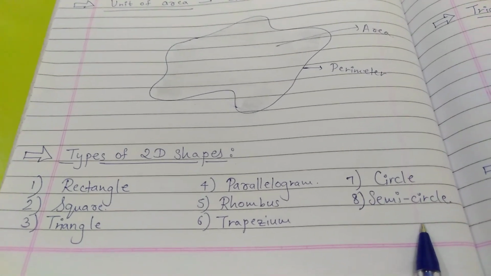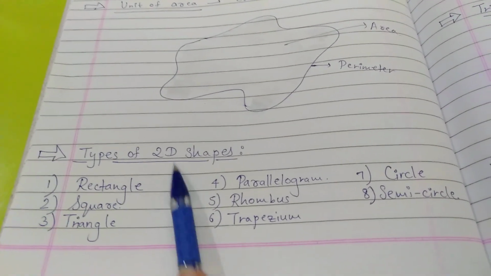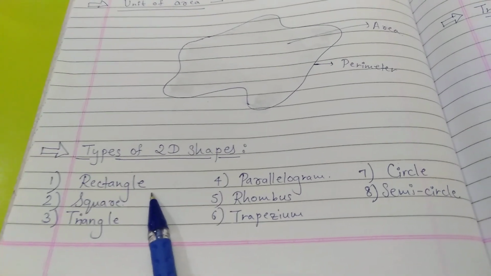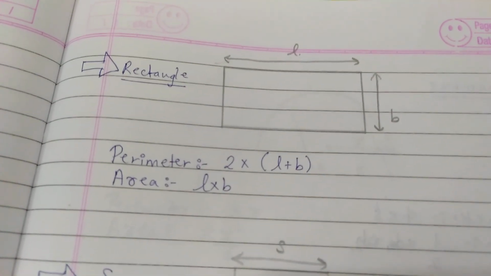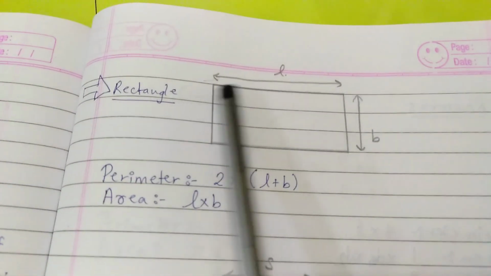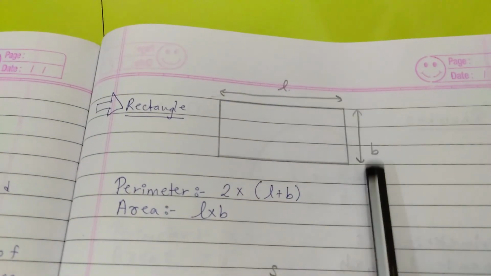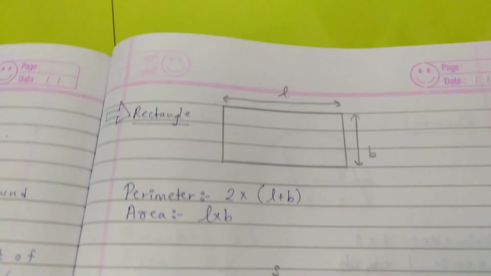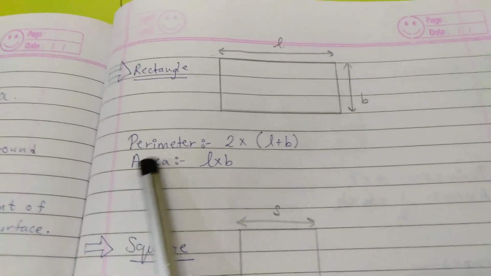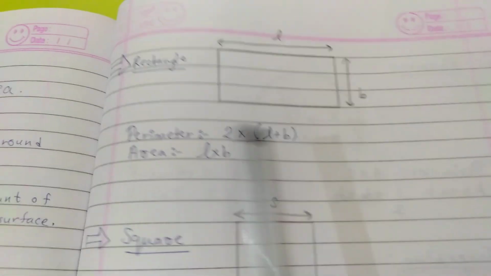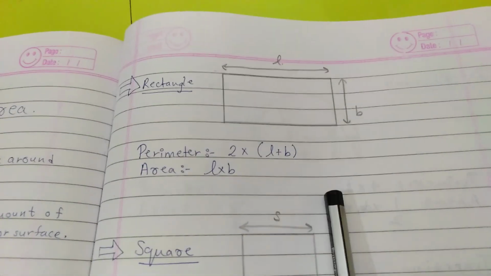Firstly we will see how to find perimeter and area of a rectangle. This is the rectangle. The formula for perimeter of a rectangle is 2 into length plus breadth, and the formula for area is length into breadth.